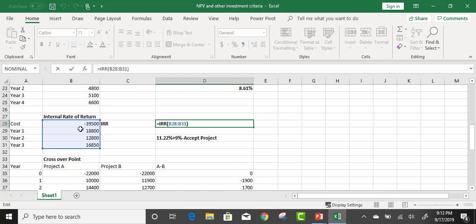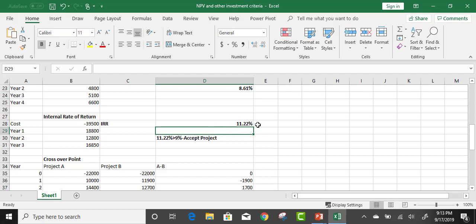Then select all these cash flows with the IRR function to get the internal rate of return, which is 11.22%, which is greater than the required rate of return. So the project will add value and maximize the wealth of the shareholders, and the project should be accepted.